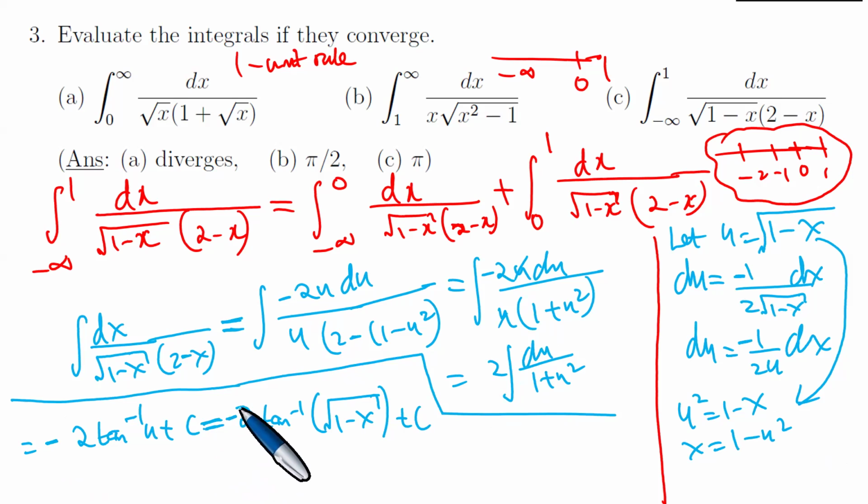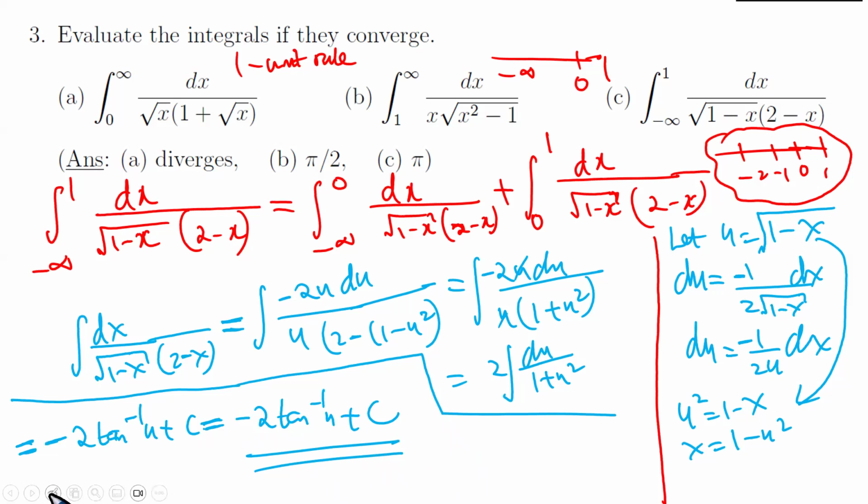Then you have this answer. So this is the answer for, okay, it's not the final answer yet, but it is just the integral that we need to get. So it is minus 2 arctan u plus c.